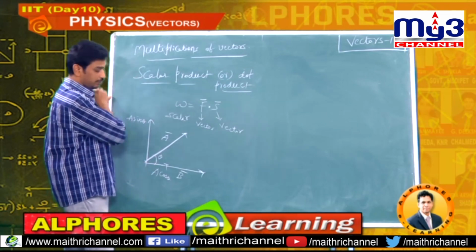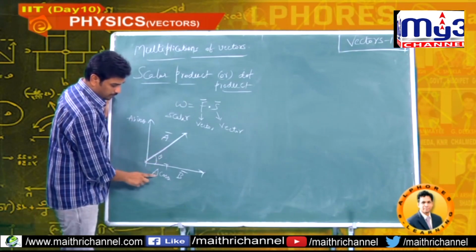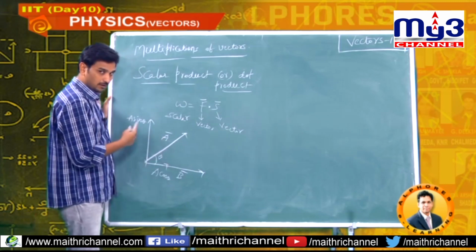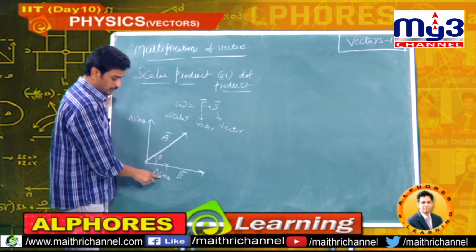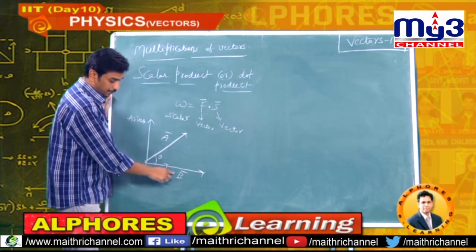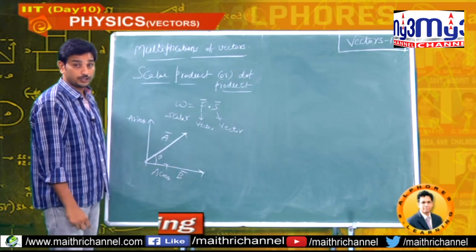Here what is scalar product? One of the components of A bar, A cos theta, is in the direction of B bar. Once again, the A bar component A cos theta is along the second vector direction. Now multiply these two. This multiplication is nothing but the dot product.